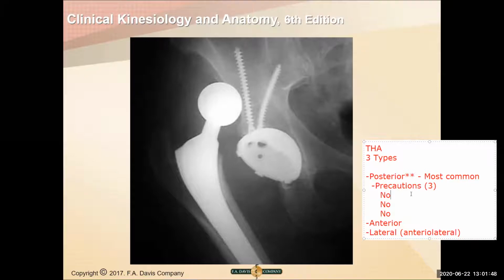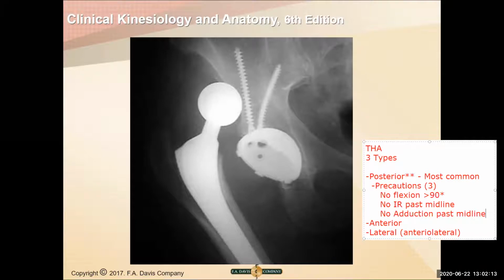Yeah, no flexion, right? So no flexion greater than 90 degrees. No internal rotation past midline, and no adduction past midline. So a neutral leg is okay, right? So pretty much the leg in neutral.